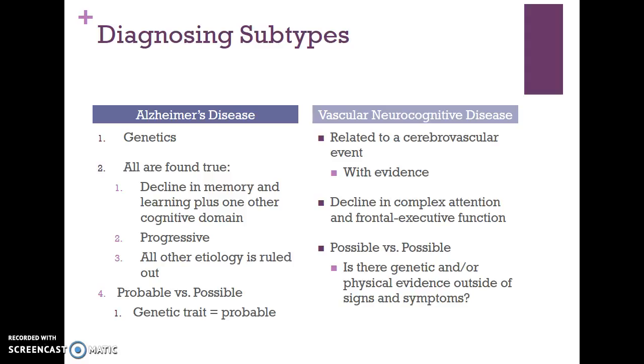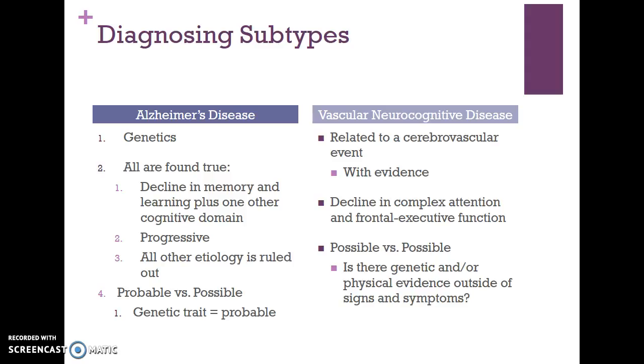One is a decline in memory and learning, plus one other cognitive domain. That could be the executive functioning. You also have to see that the disease is progressive, meaning that over time it goes from mild to moderate to severe in terms of the symptoms of the disease. And all other possible dementia subtypes need to be ruled out.